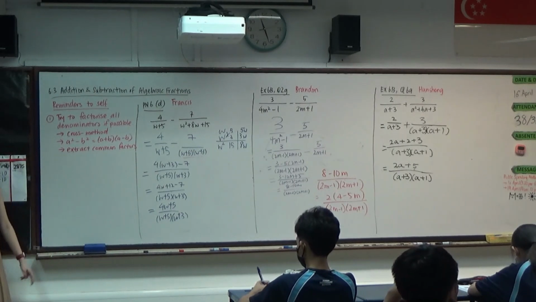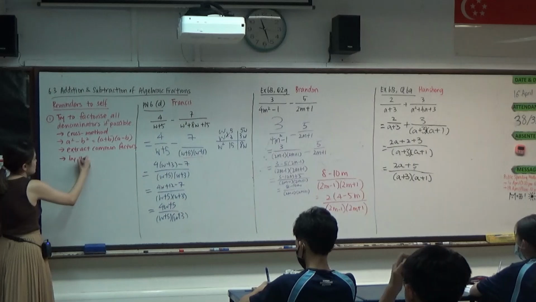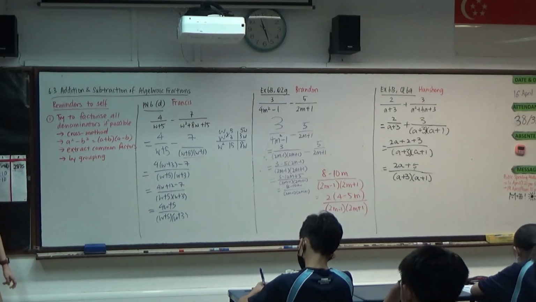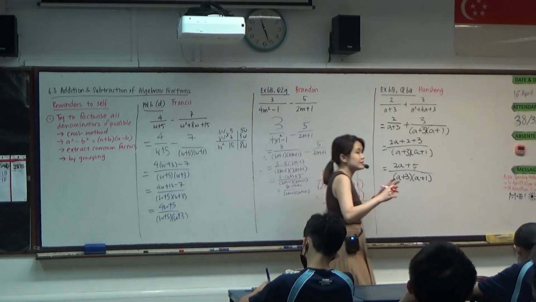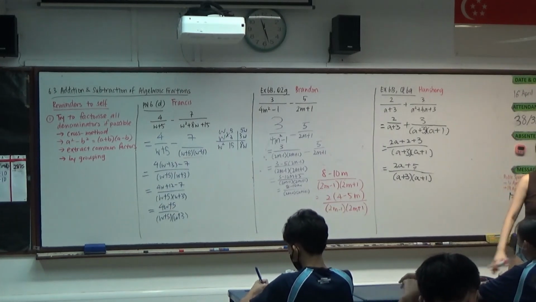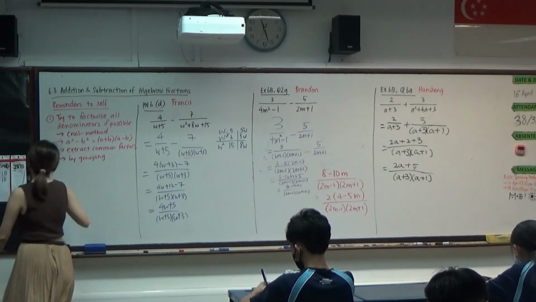In the worst case scenario, it is to factorize by grouping. So we have learned these 4 different ways of factorization in our chapter 3 and 4. If you don't know what the grouping one is, it is the one where there are 4 terms, and you need to do things in pairs. So these are the things that you want to remind yourself of.